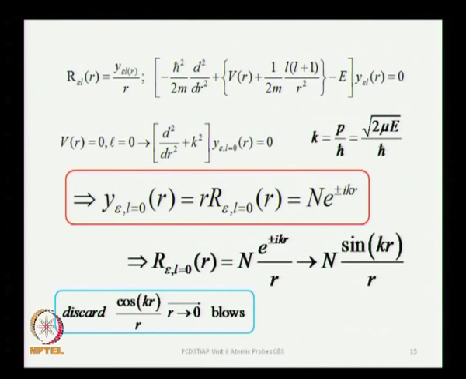Since the radial function is this solution divided by r, there was a 1 over r, and this cosine kr over r would blow up as r goes to 0, which is not what you want. So you throw away the cosine part of the solution, and your solution is really sine kr over r multiplied by some normalization constant. You already have your radial solution for L equal to 0 for the free particle.